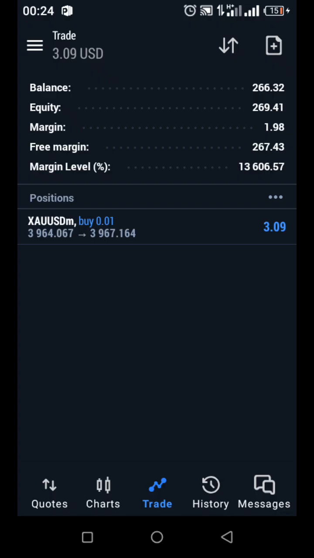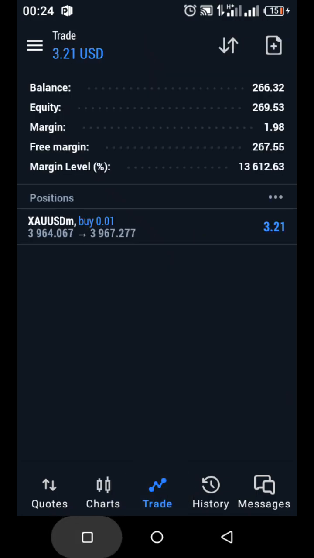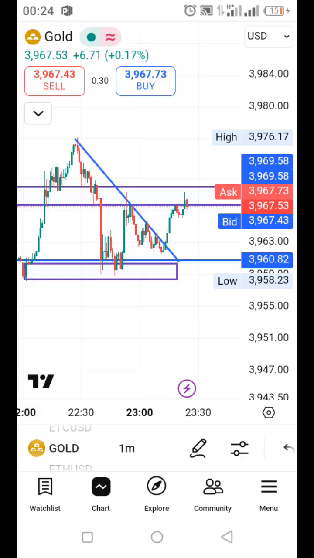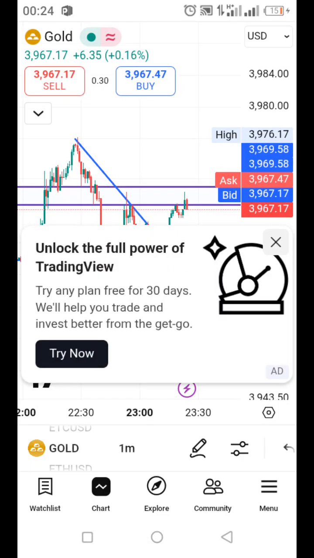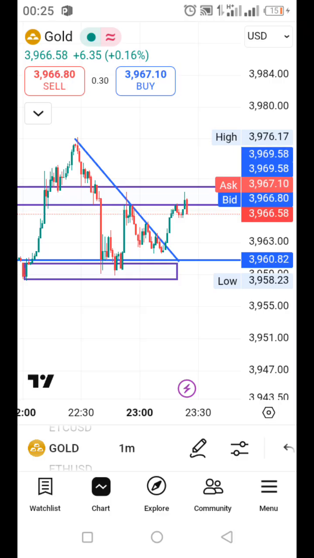I see $3. $3. 3.46. Price is just respecting that zone, but I know that it will still proceed up.